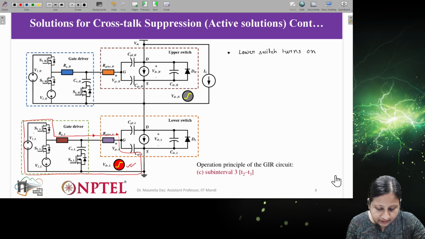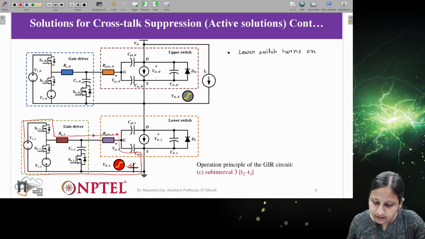Yes, so you can see the current path here for the lower switch.